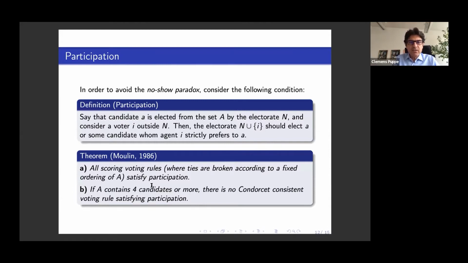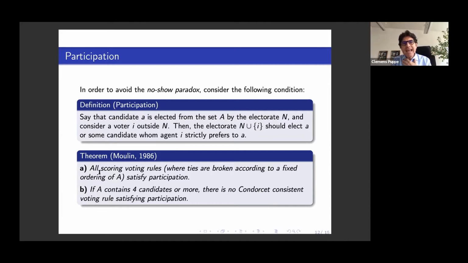So as soon as you choose a Condorcet consistent method, which means that you adhere to this majoritarian principle, then you run into troubles with participation, right? Or in other words, you will be able to construct situations where some voters would find it profitable to stay home. That can never happen with a scoring rule, because notice what the scoring rule does is it sums over all scores that voters give to candidates.